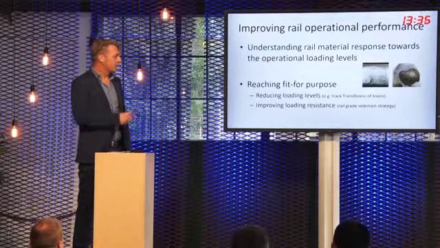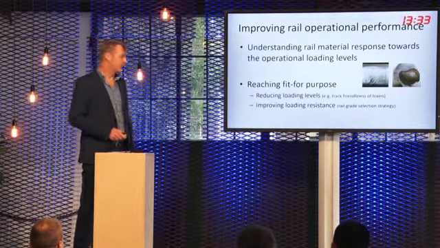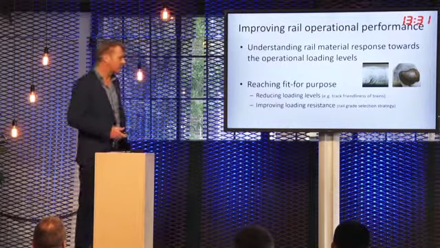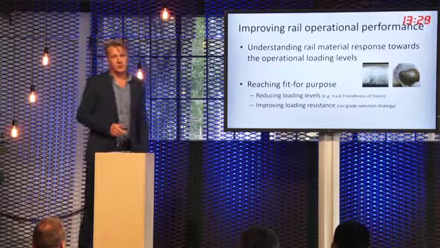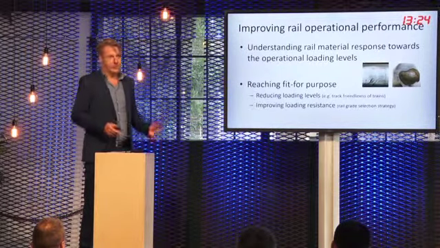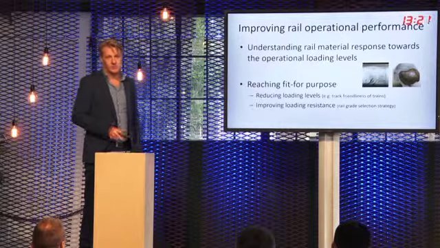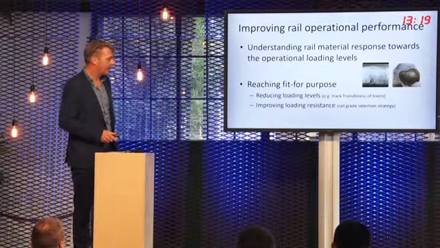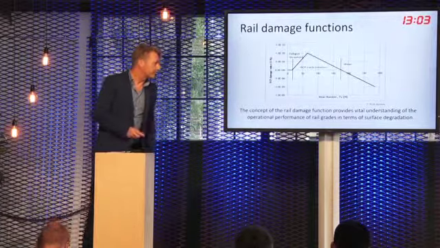And from this understanding, you can go to a fit-for-purpose approach, maybe reducing or adapting loading levels to the rail grades that are in track, for instance by track-friendly trains, or lubrication could also help, and also improving the loading resistance of the material itself, so put in new rail grades that are up for the job. So fine-tune your rail grade selection strategy, I would say.